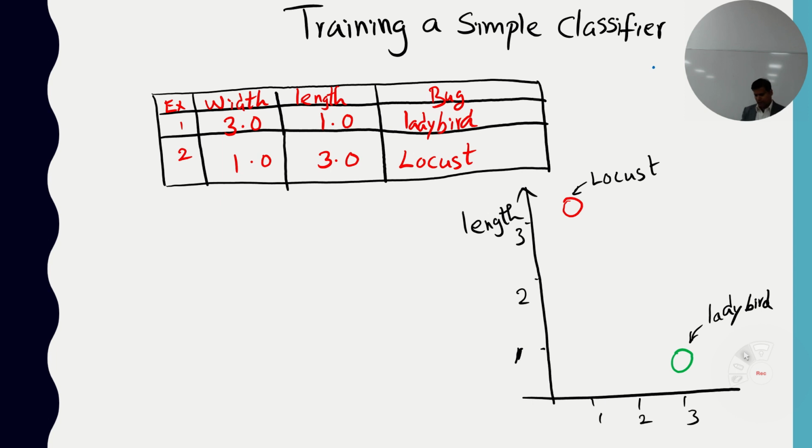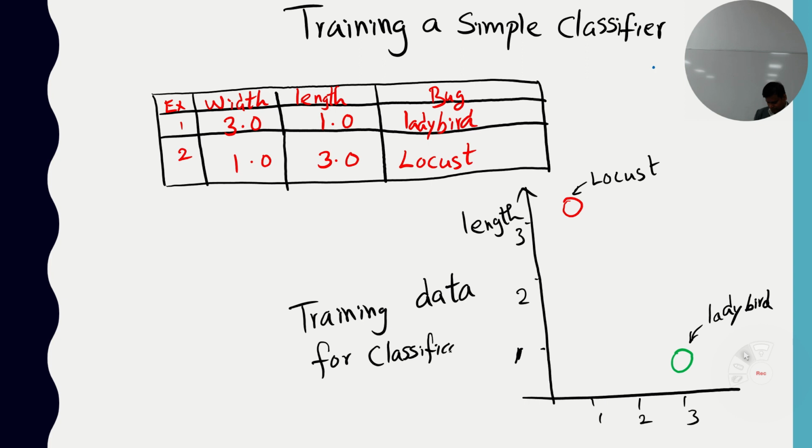Yeah. So this is the training data. In fact, we have, right? So we can call these the training data that we have in hand for classification of bugs, let's say.